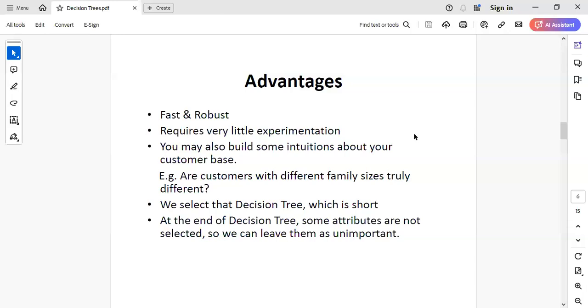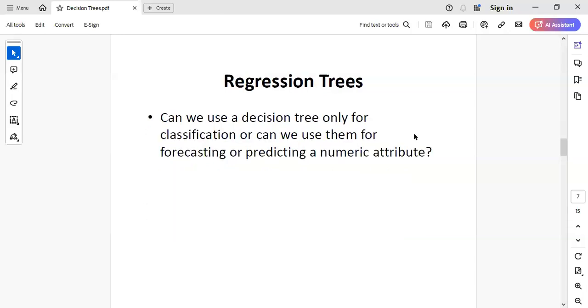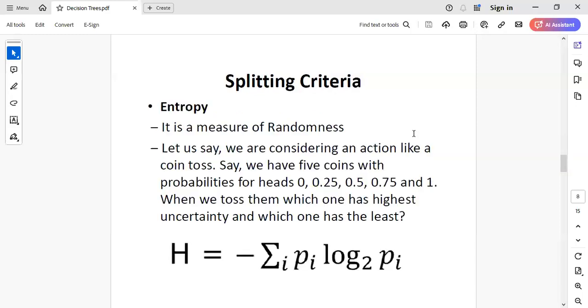Predominantly, it works with classification, beautifully. With a minor change, it can also be used for regression type of problems. That is what I am saying. So regression trees are those trees where we can modify the existing decision tree and use it for predicting a numeric attribute. That is a regression problem.